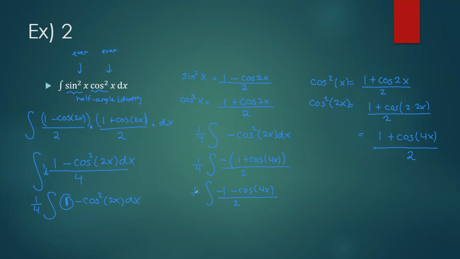And then you still have this 1/4. Now, this 2 on the bottom is the same thing as 1/2. So I'm going to factor out that 1/2. So it's 1/2, and then you also have this 1/4. So now you're left with -1 minus cosine of 4x. Oops, don't forget the dx. That didn't disappear.